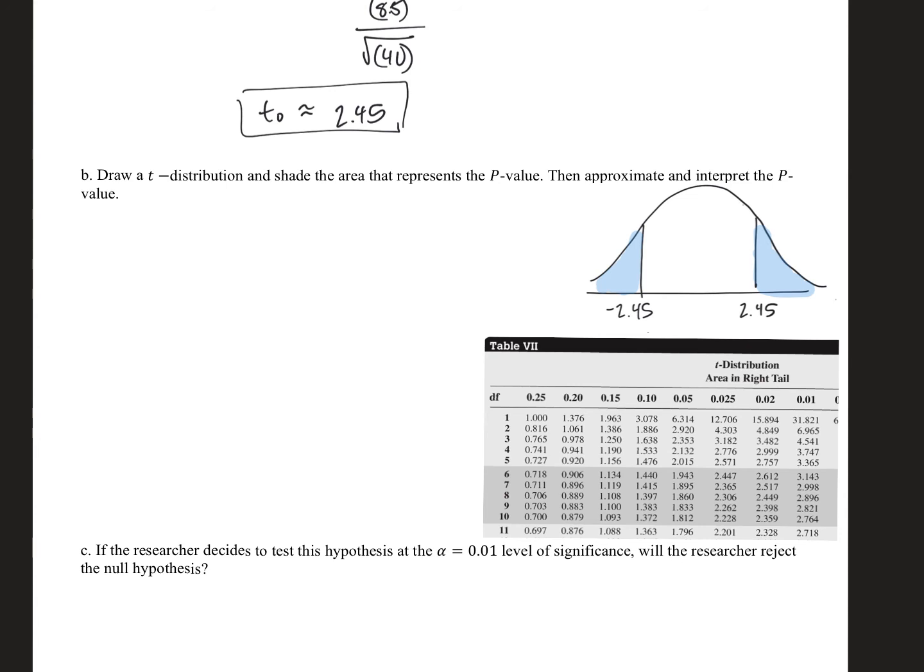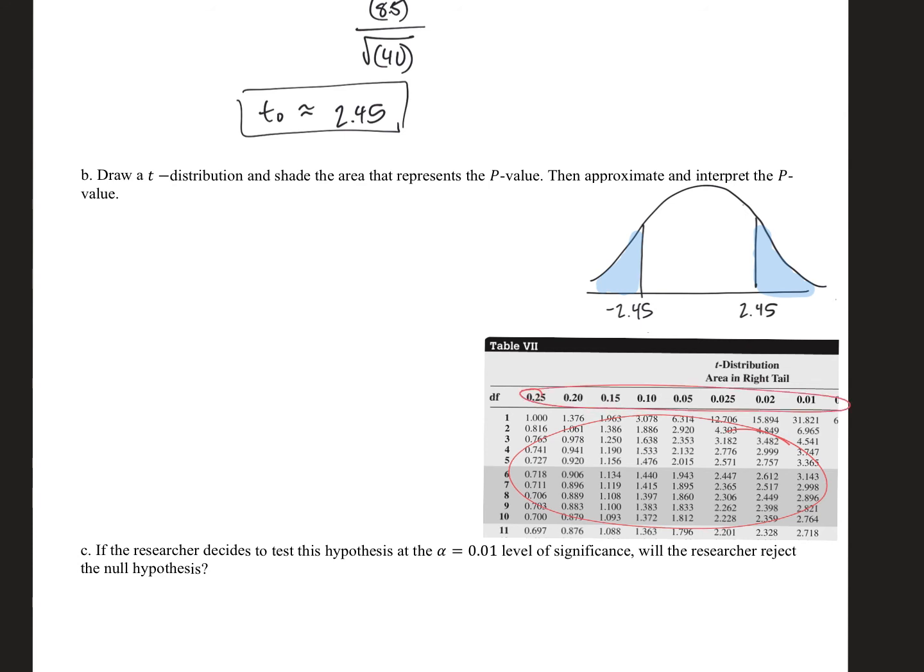For the classical one, we would find our degrees of freedom, maybe if it's 10, right? And then we would go along looking for our alpha and then find our value, and compare that to our test statistic. For the p-value, this is different. For the p-value, we would find the value inside our table and then take a look up at the top values.